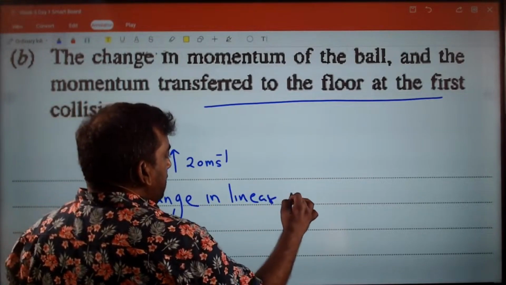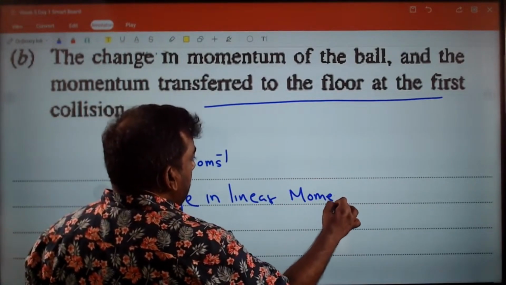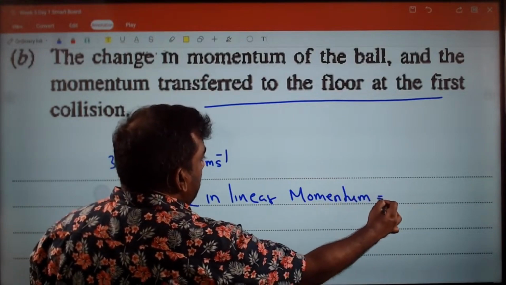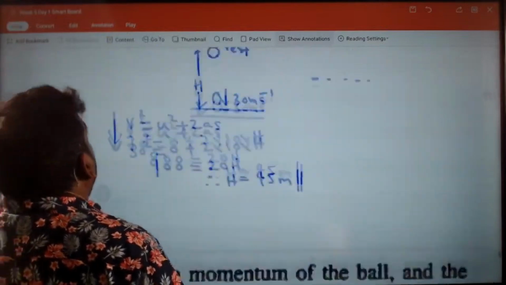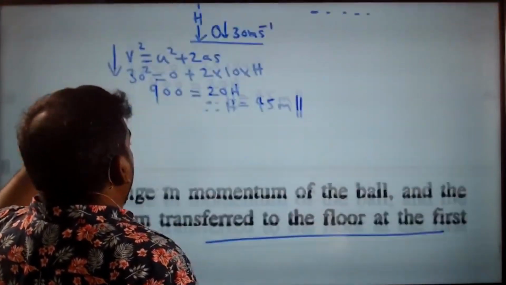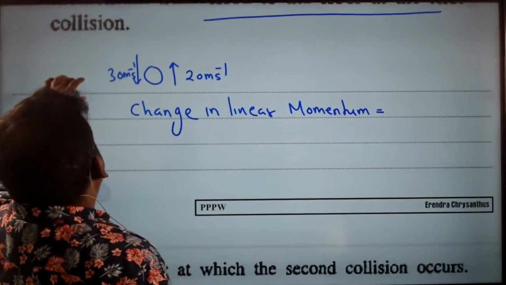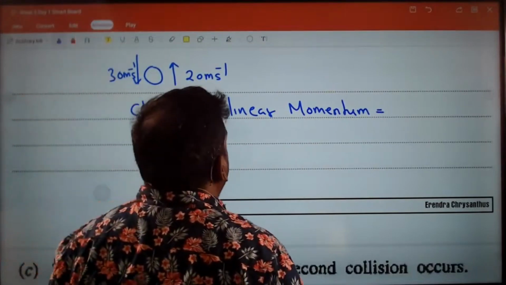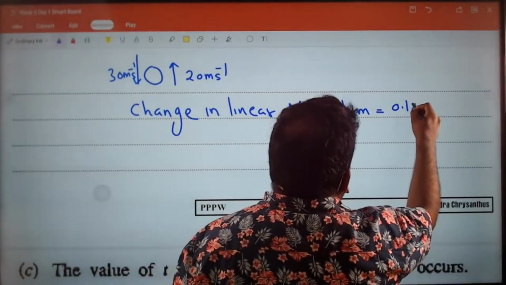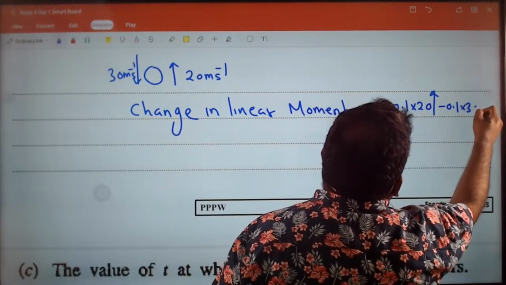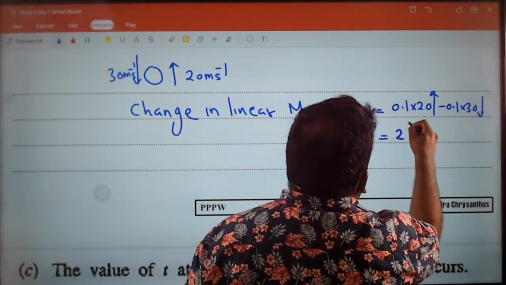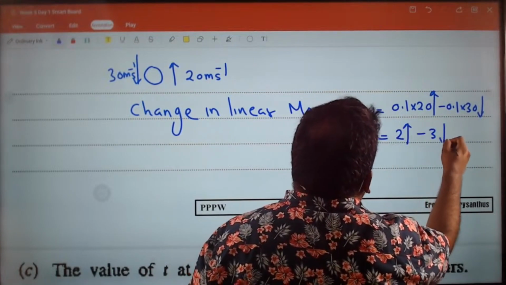Change in linear momentum is final momentum minus initial momentum. 0.1 into 20 upwards, minus 0.1 into 30 downwards. 2 upwards minus 3 downwards.